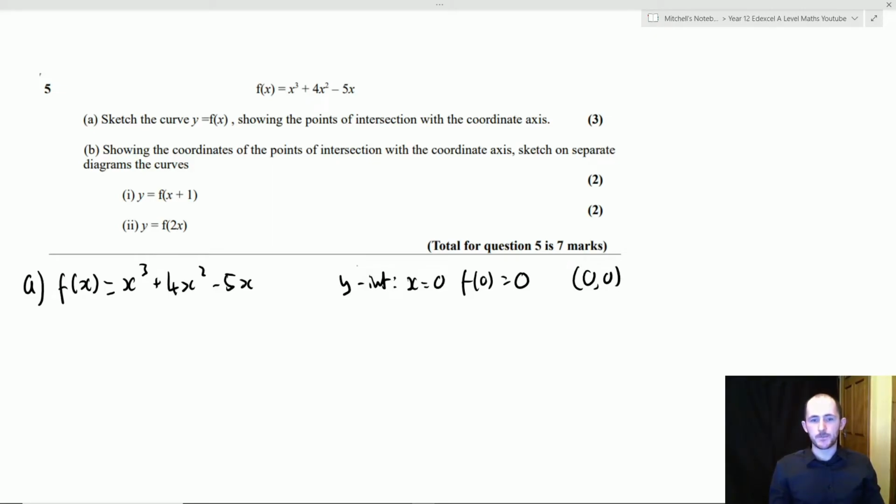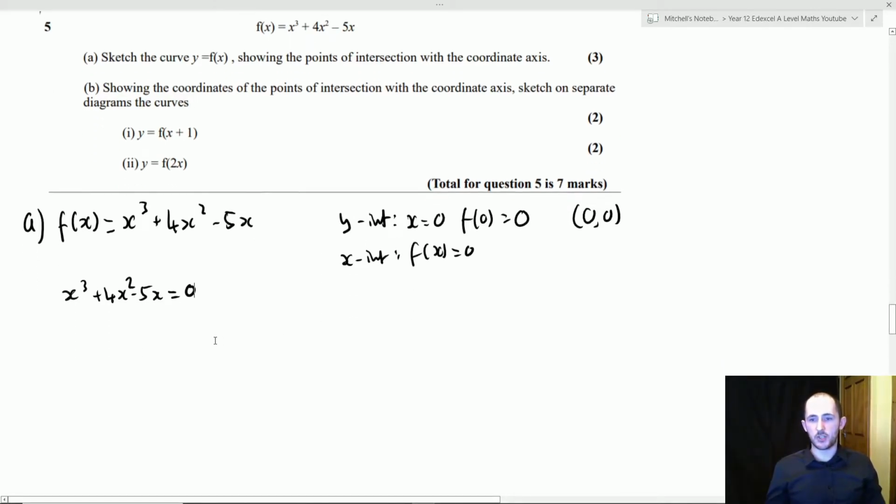Done. Now for the x-intercept, where we need f of x to equal 0, or y equals 0, we have this. So if I do it over here, we have x cubed plus 4x squared minus 5x equals 0. So we need to do some factorization.